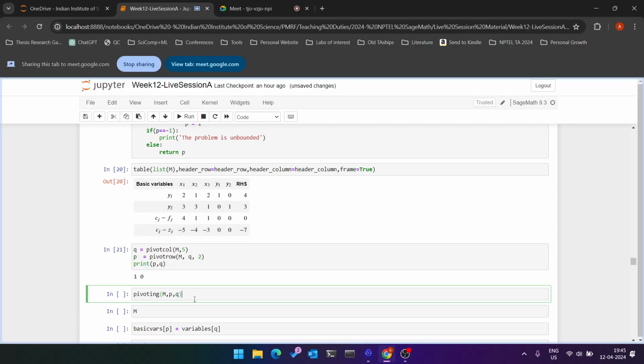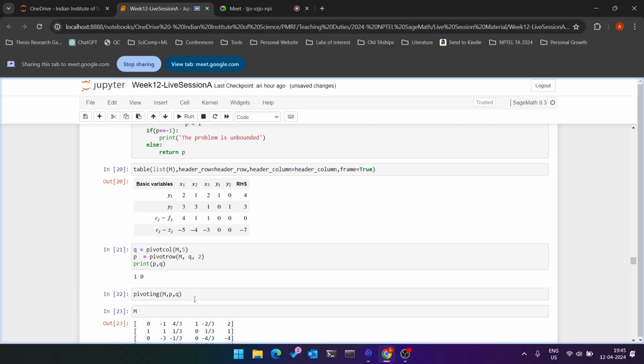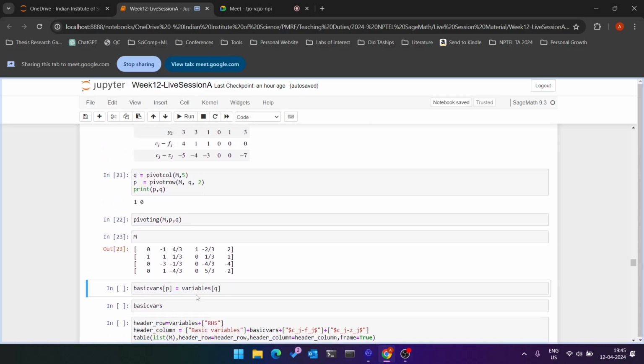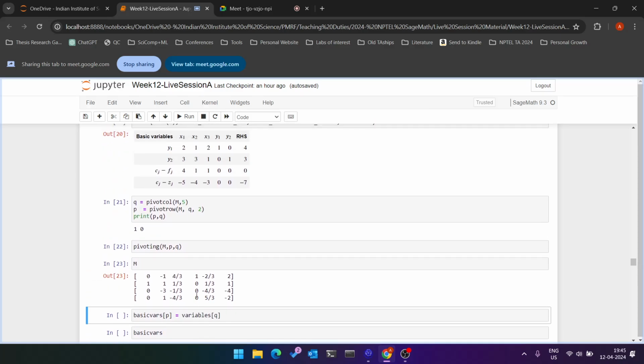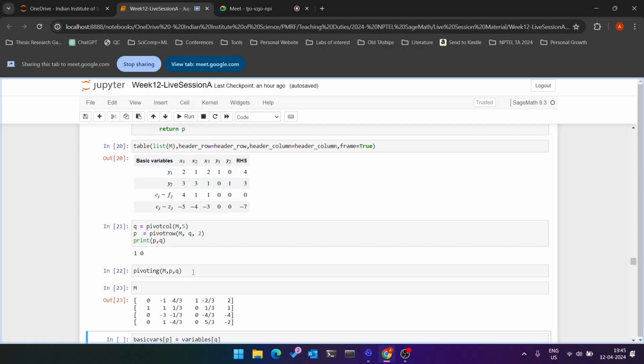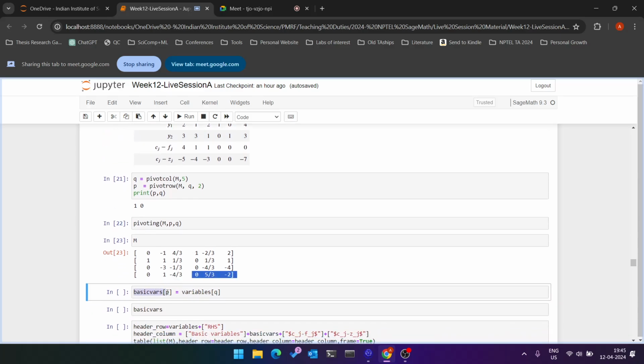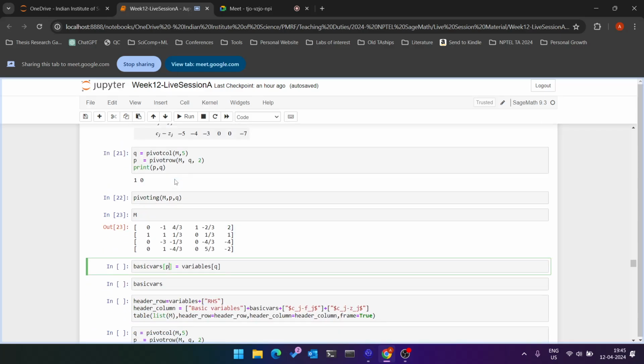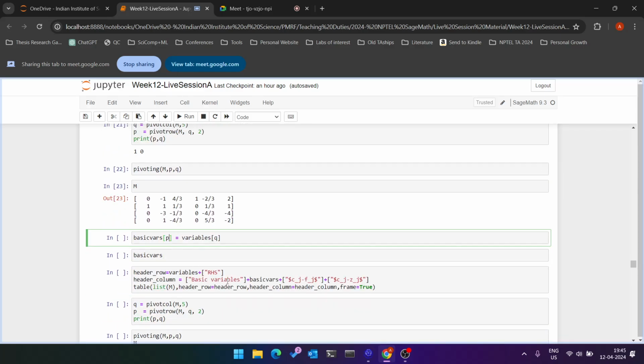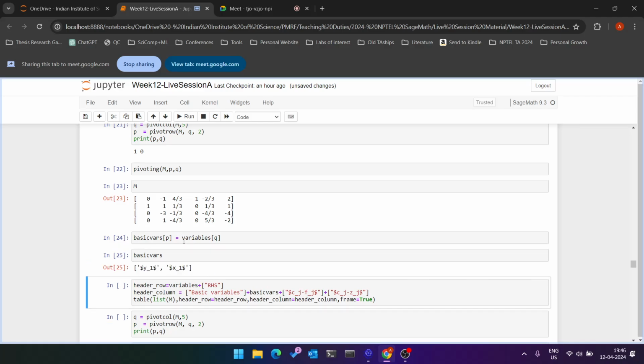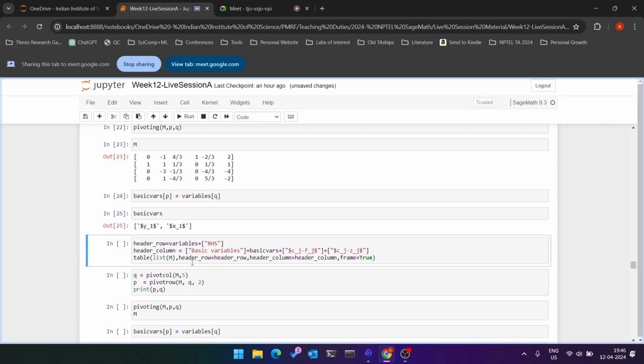With this in mind, I will pivot the table and rewrite my basic variables. Initially my basic variables are y1, y2. Now it will be y1, comma x1. If I print it out, this is what the assignment does. And now I reprint the table.